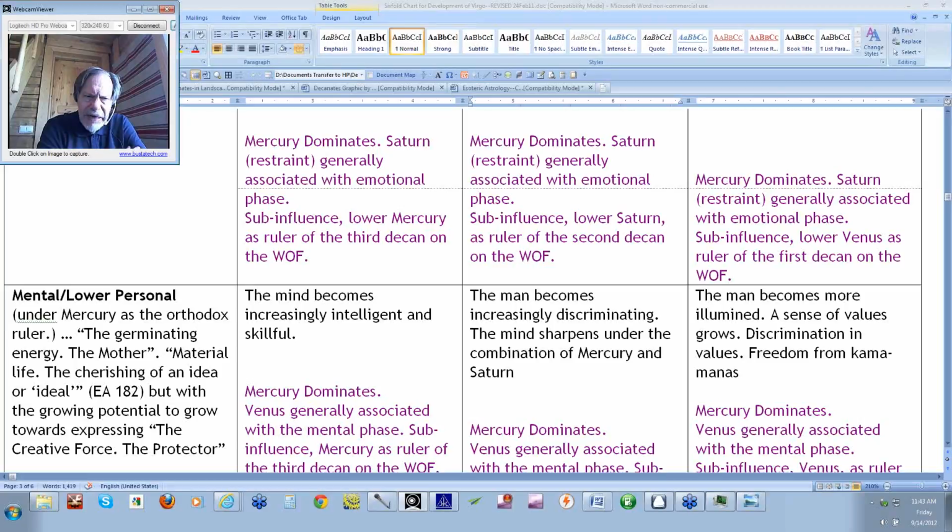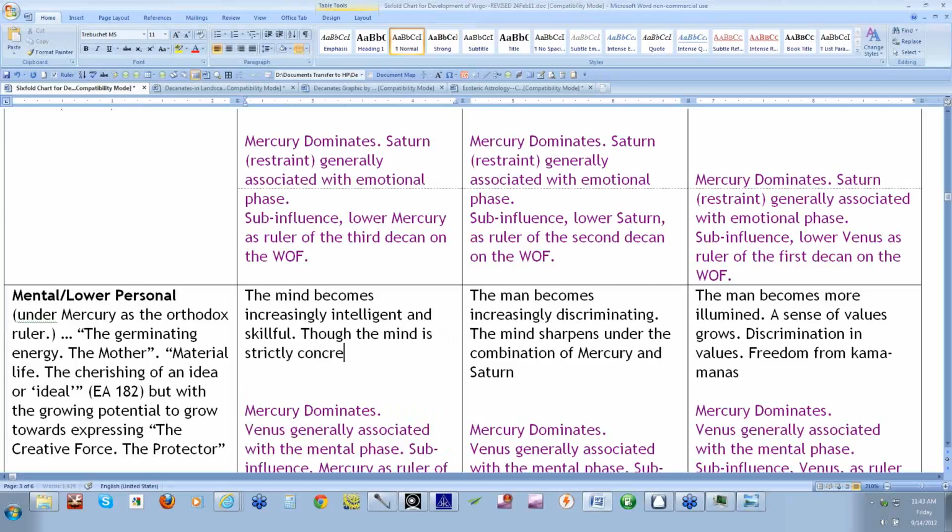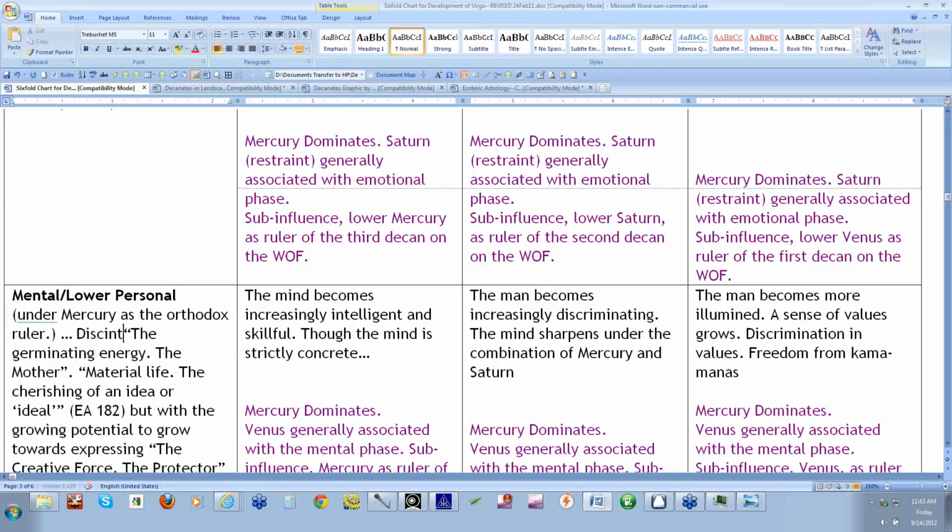And finally, real intelligence is emerging, but it is of the concrete kind. Though the mind is strictly concrete, we're not really dealing with the higher of the pairs of opposites. This is still a Mercury phase, but a distinctly Mercurian phase.